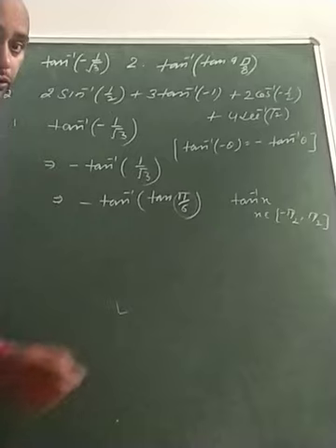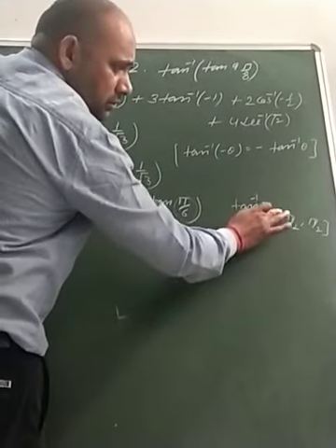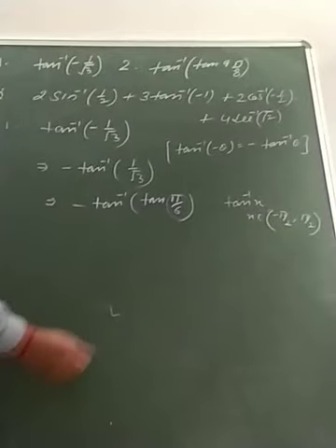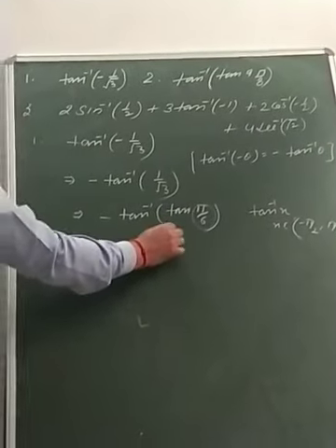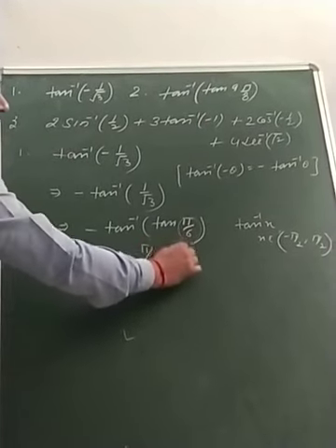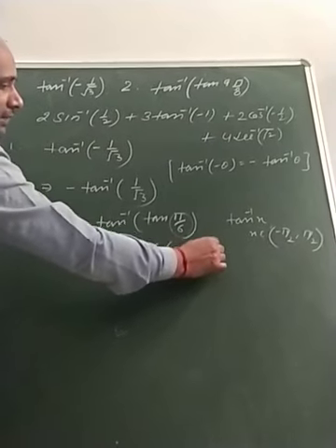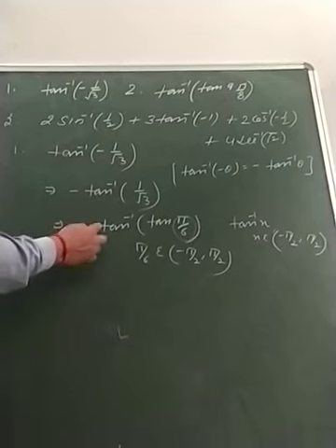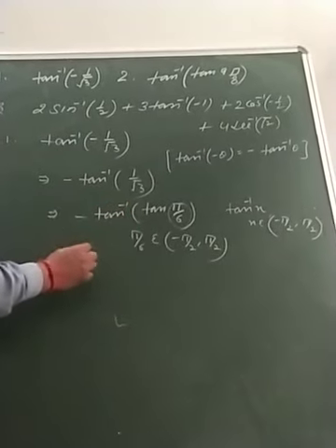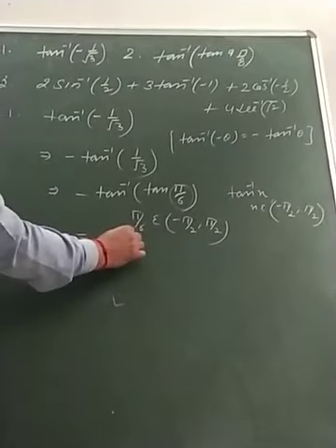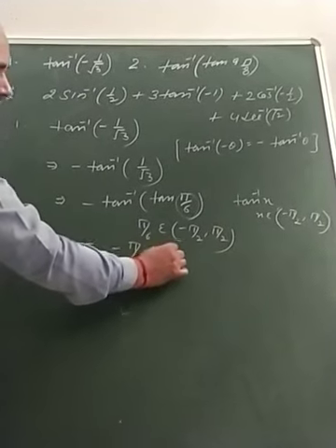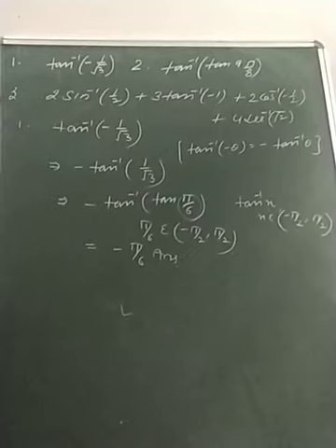Is that closed or open? It is an open interval, not closed. So pi by 6 belongs to the open interval minus pi by 2 to plus pi by 2. Therefore, tan inverse and tan cancel each other. The result, the answer, is minus pi by 6.